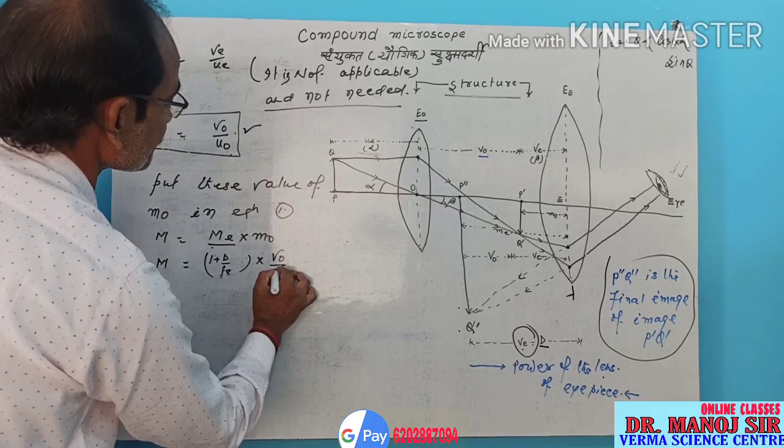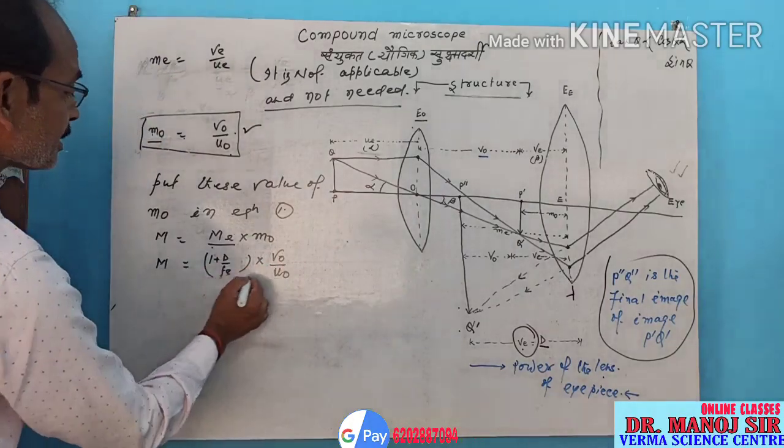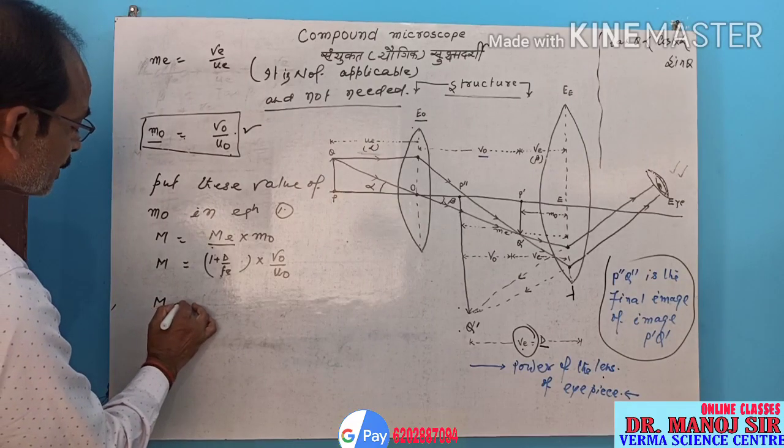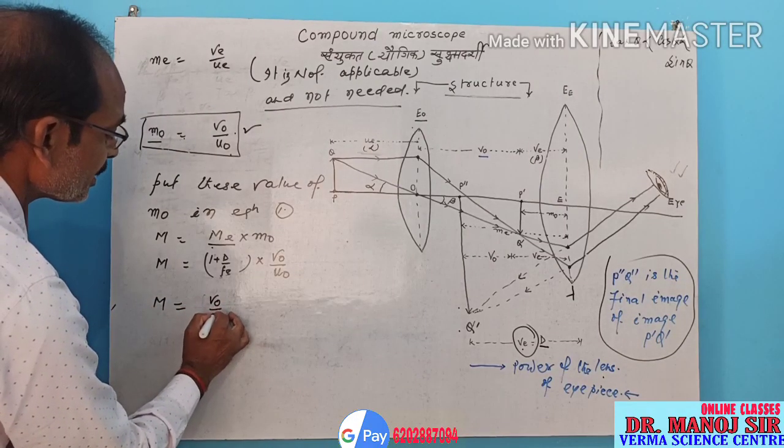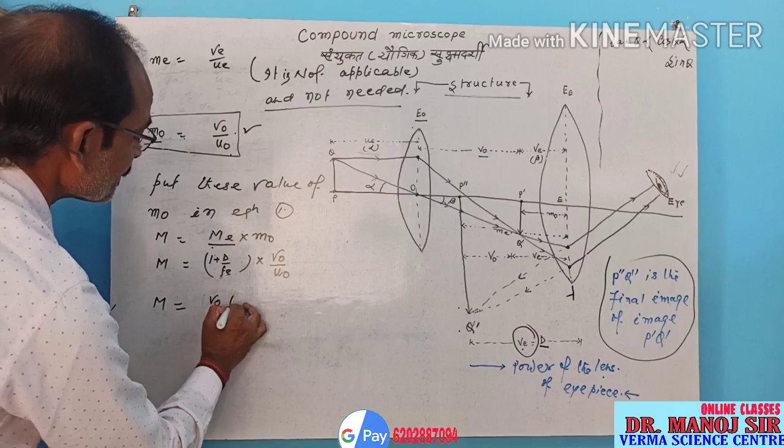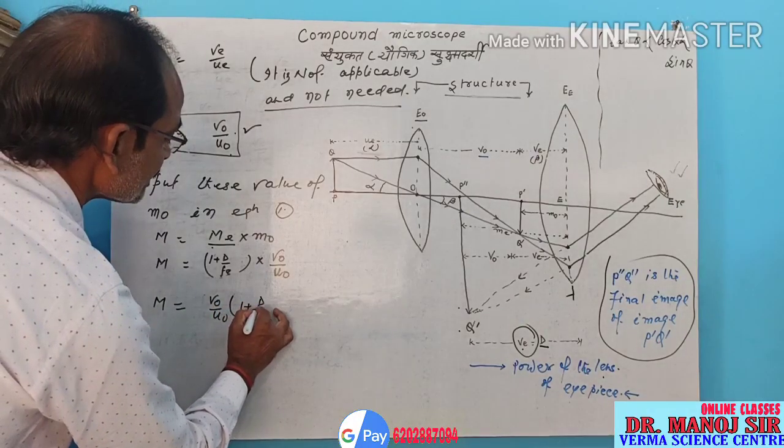It can be written M equal to VO by UO into 1 plus D by FE.